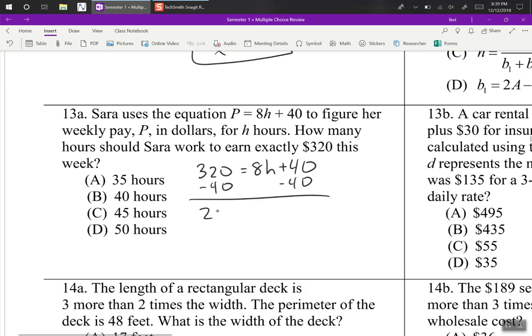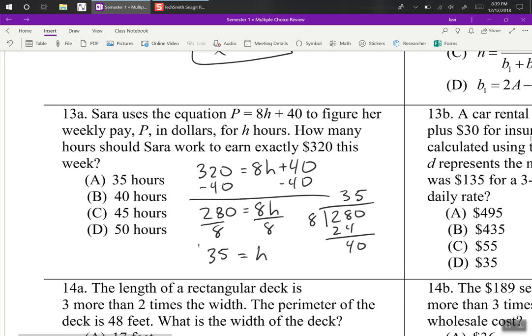This makes 280 equals 8H. And divide by 8, and H equals 280 divided by 8. 8 goes into 28 3 times, that makes 24. 8 goes into 40 5 times, so H is 35.